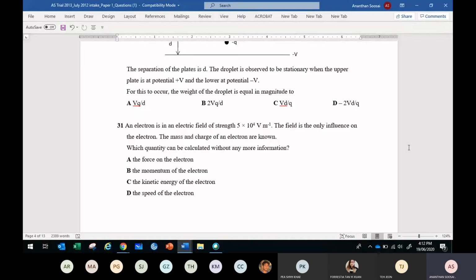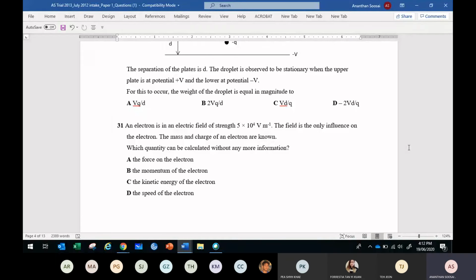The field is the only influence on the electron. That means they ask you to neglect the weight. The mass and charge of the electron are known. Normally the charge and mass of the electron will be given in the front page, the charge they put as elementary charge. Which quantity can be calculated without any more information?